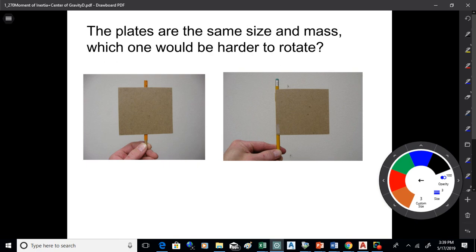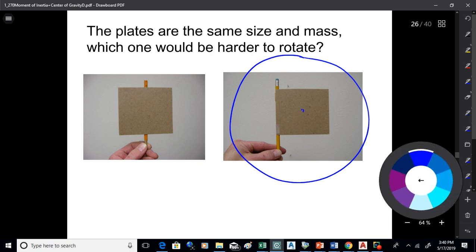I think the right is going to be the hard one. It's a little out of balance, a little harder to start spinning. Here's that transfer axis thing: this axis goes right through the center of gravity, and this one doesn't. So you get a higher moment of inertia on account of the offset distance, and it's a little harder to get spinning.